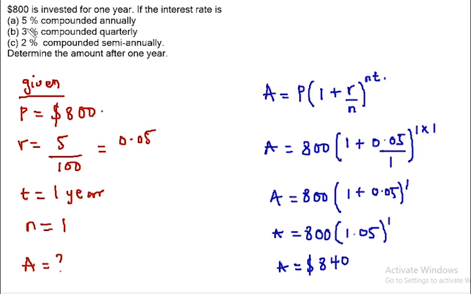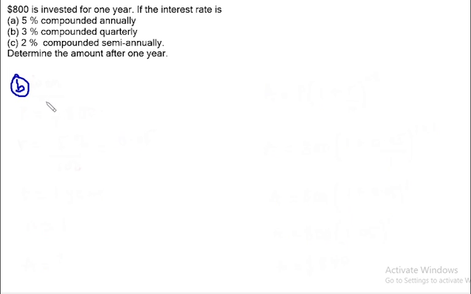Now, I would like you to try solving question B yourself. Let's clean up space before we start. For question B, we still have to do the same things. Pick out the parameters. We know that the principal is equal to $800. The interest rate is 3% compounded quarterly, so the rate of interest is given as 3%.